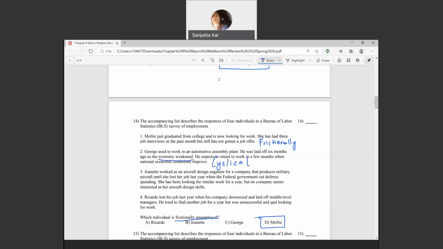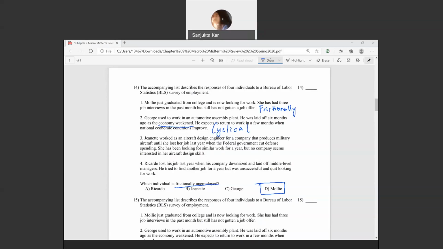Number 3, Jean worked as an aircraft design engineer for a company that produces military aircraft until she lost her job last year when the federal government cut defense spending. She has been looking for a job, but no company seems to be interested in her skills.